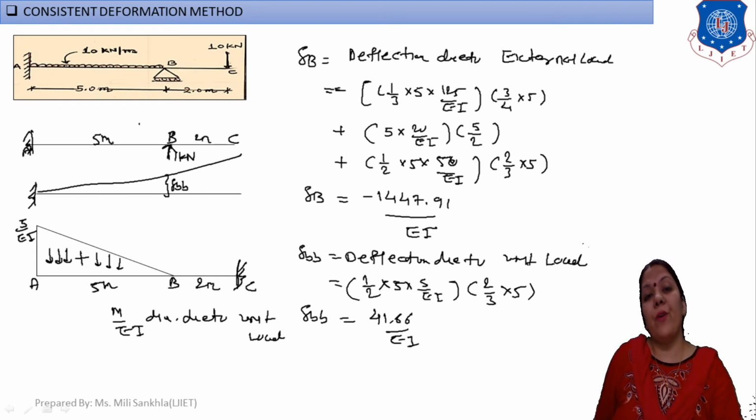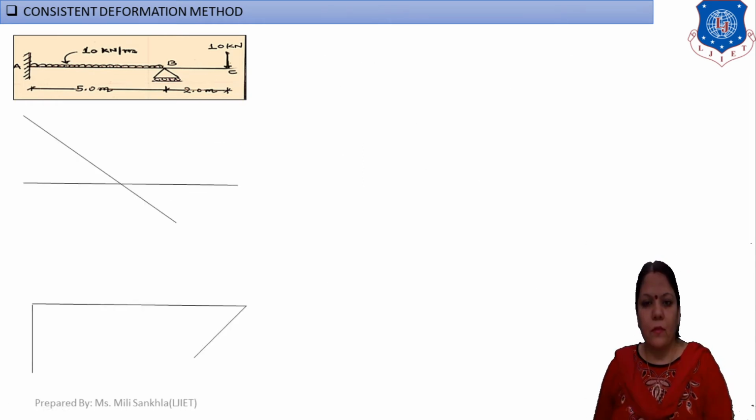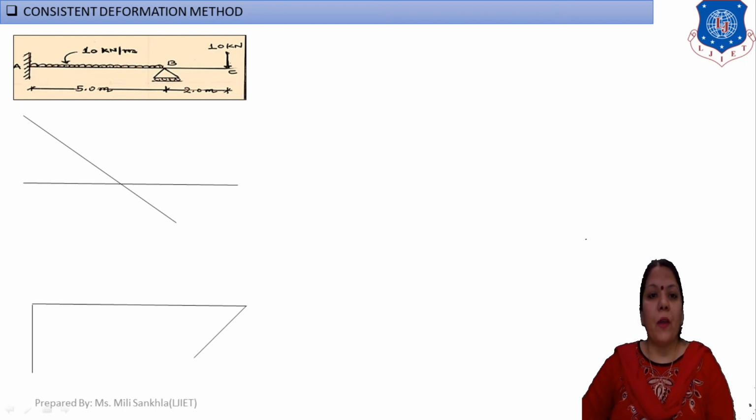and then we find our two values of deflection: deflection due to external load, del B, and deflection due to our unit load. Now we find our support reaction VB for this prop cantilever beam. What is the equation of VB?